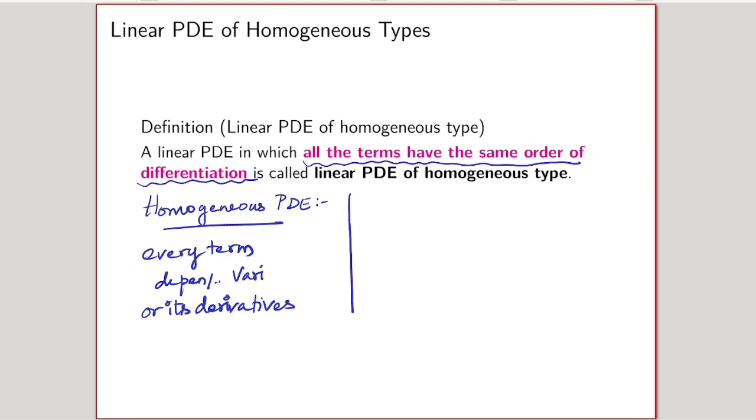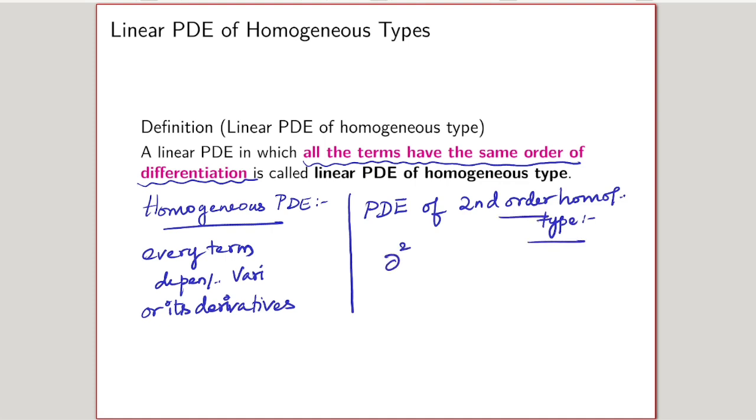That is, if we define an nth order PDE, for example, I am taking n equal to 2 and I am going to define a PDE of second order homogeneous type. So every term must have a second order derivative.